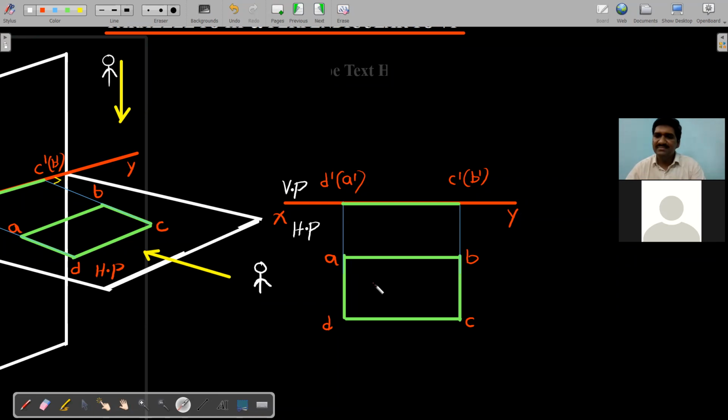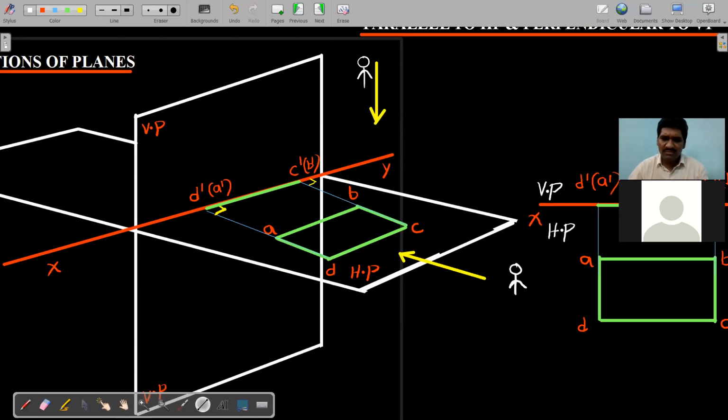But what about the short sides? This is perpendicular to XY. Means what? Just now I told. This is parallel to the horizontal plane and perpendicular to VP. Check all of you. Just see this side. How is the shortest side? Short. Now, is this side parallel to the horizontal plane or not? Can I say this shortest side is parallel to the horizontal plane or not?